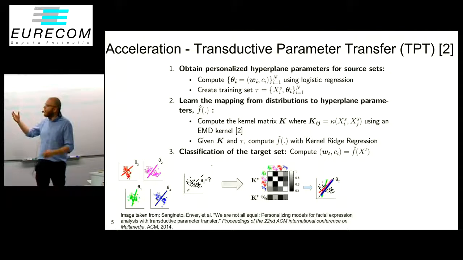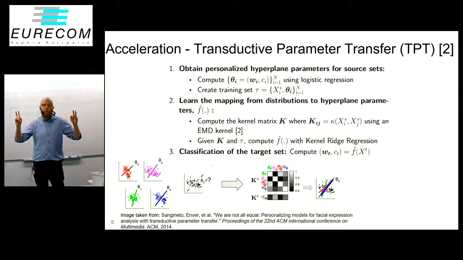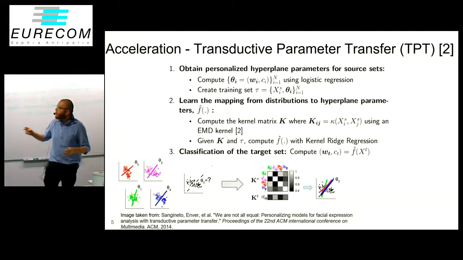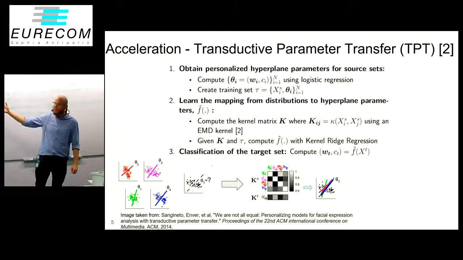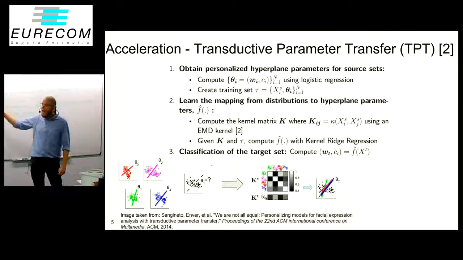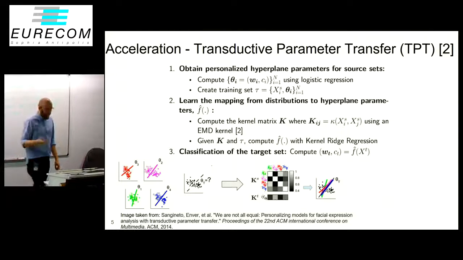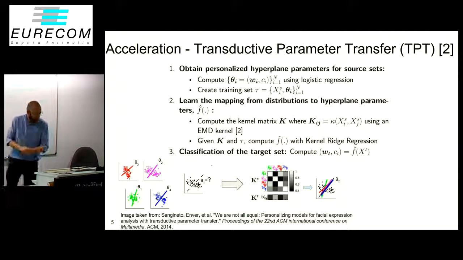We find the optimal parameters for a classifier, and we do this by logistic regression. Then we create a training set which includes these parameters, basically the regression parameters and the intercept, and the distribution of this data. Then we try to learn this mapping from distribution to these optimal parameters.